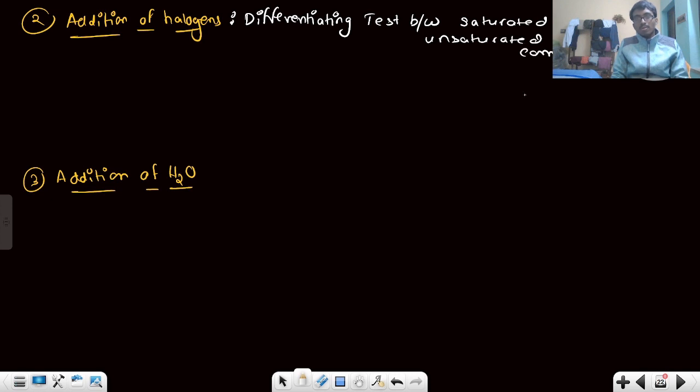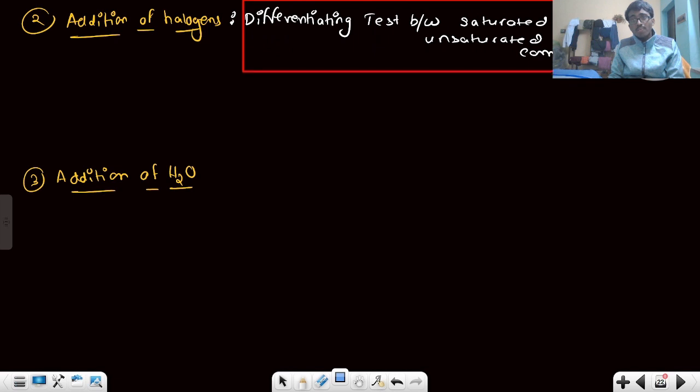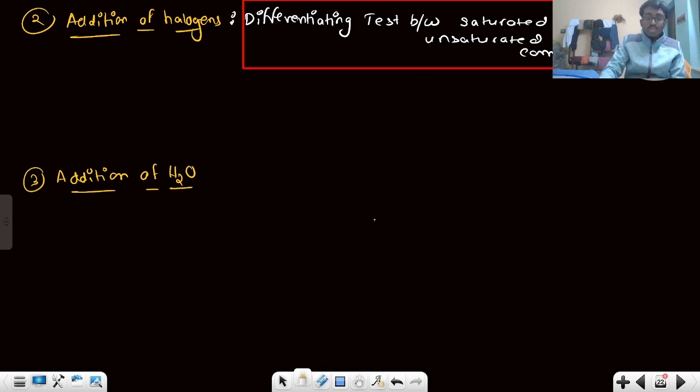Clear? So how will you differentiate between a compound which is saturated and unsaturated? Obviously not by writing its chemical formula, because in the lab we will not get to see it. So you need to understand by some chemical test. So the differentiating test between saturated and unsaturated compound is addition of halogen.